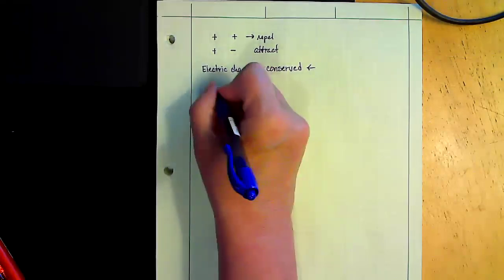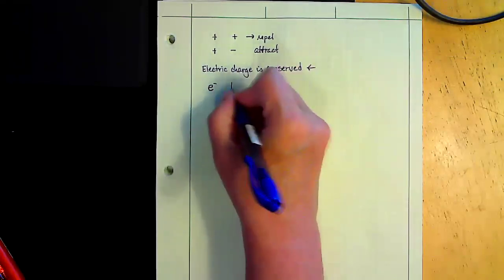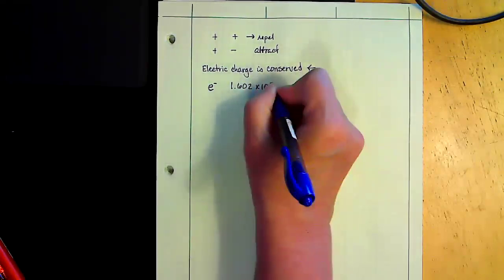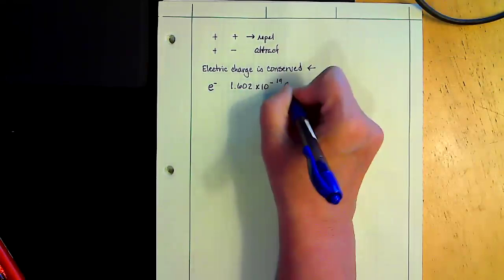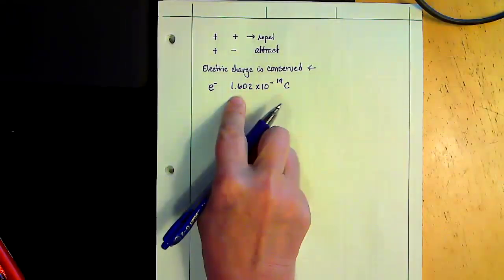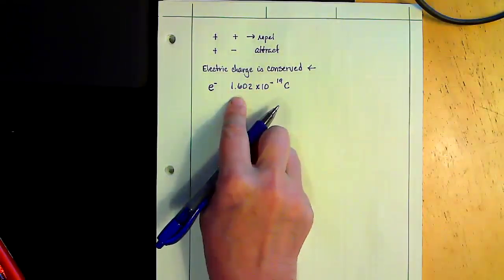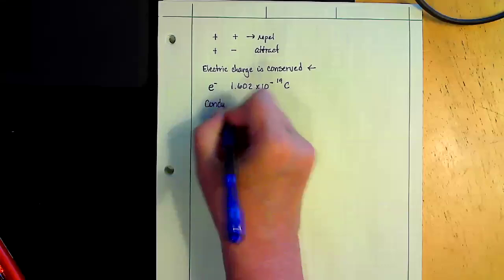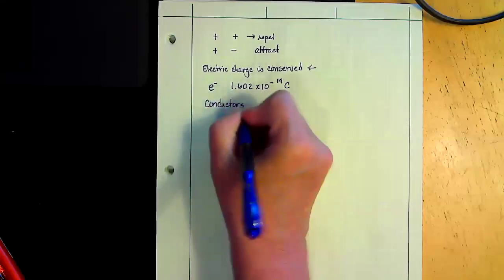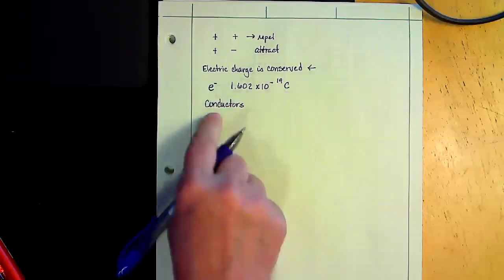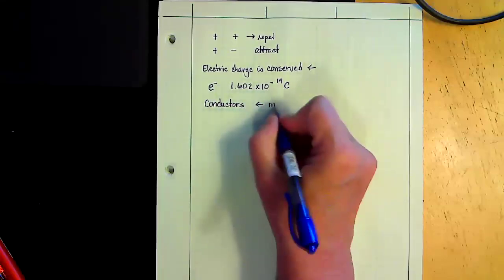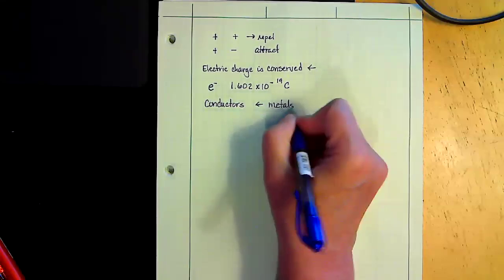We know that the electron is a fundamental particle of the universe, and it's 1.602 times 10 to the minus 19 coulombs, and it's negative. So good old Benjamin Franklin picked wrong. We talked a little bit about conductors. Conductors are materials that allow electrons to move, and these are generally metals.